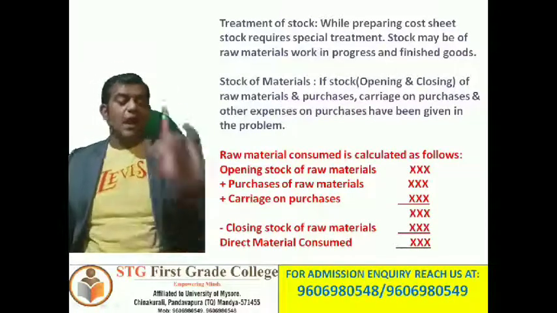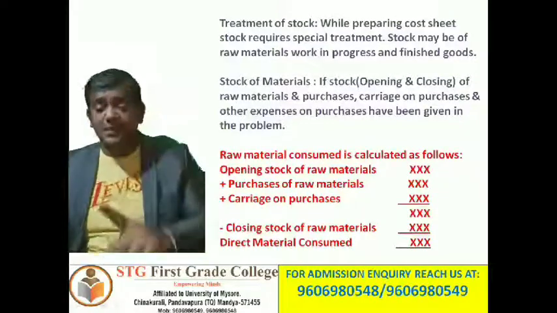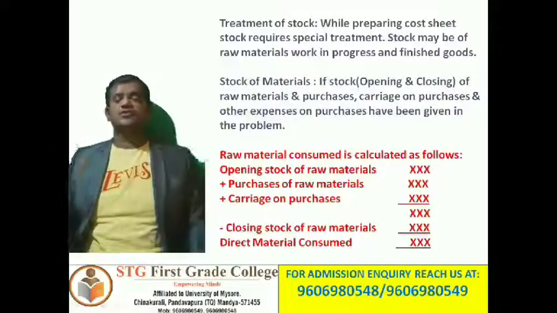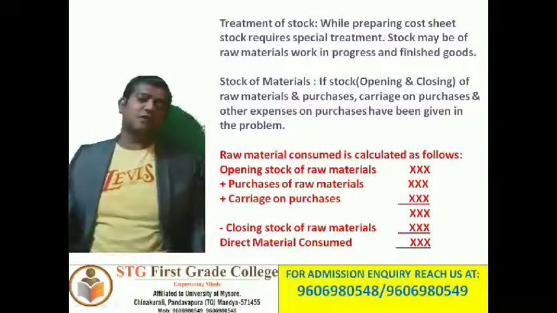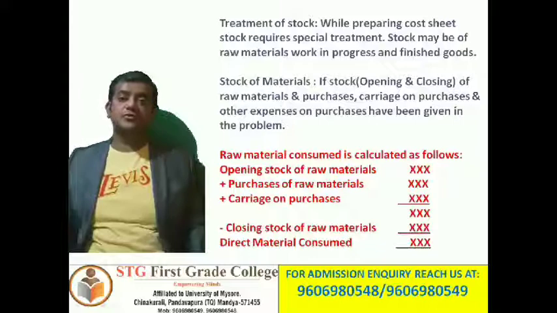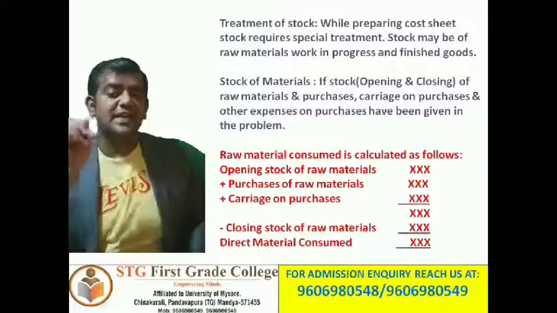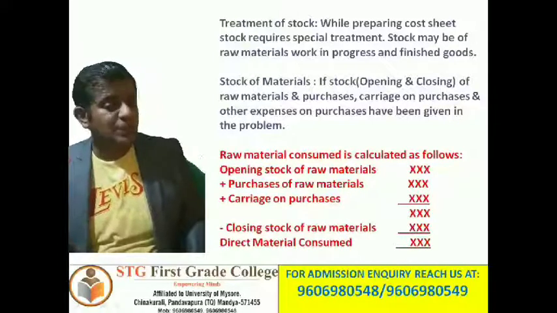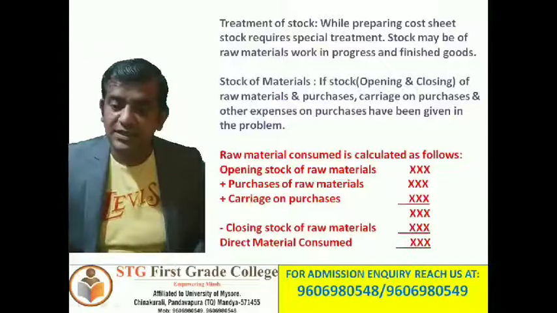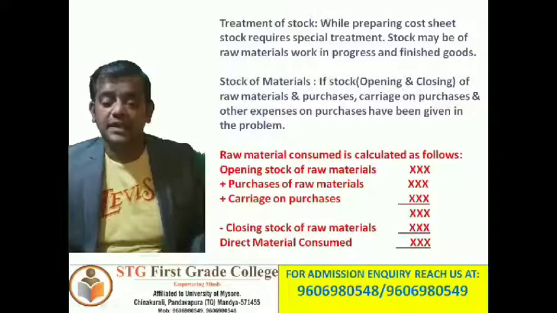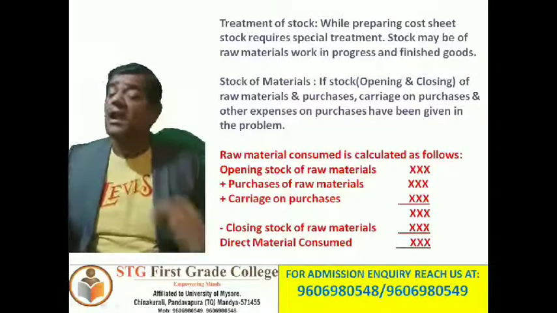So be clear: opening stock of raw materials plus purchase of raw materials plus carriage on purchases. So you get the total, then less closing stock of raw material. If a closing stock has been given in the problem, that has to be deducted. Whatever total we get, that is what we consider as direct material consumed.